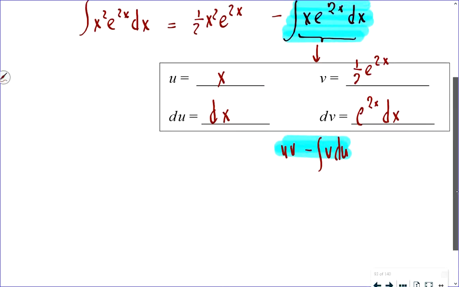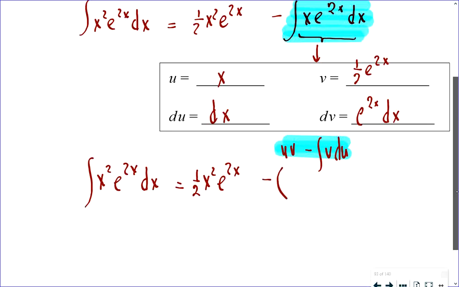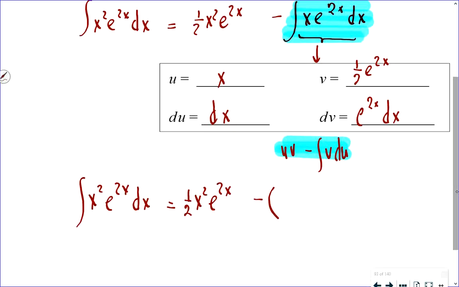So from the top of the screen, this is where we're at. The integral of x squared e to the 2x dx equals 1/2 x squared e to the 2x minus this integral, which is uv.